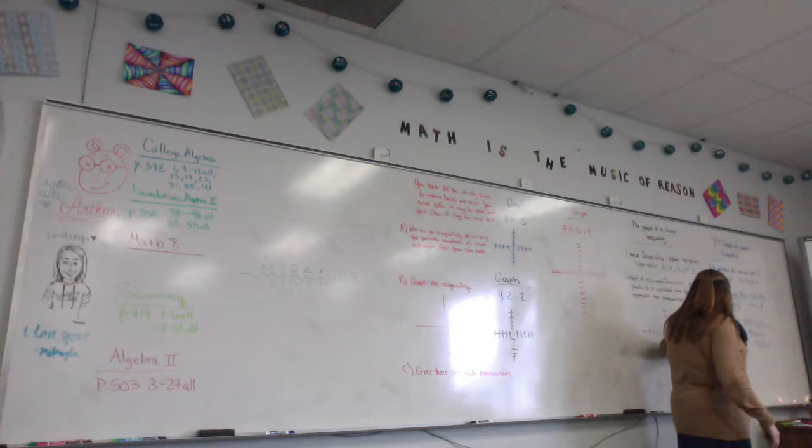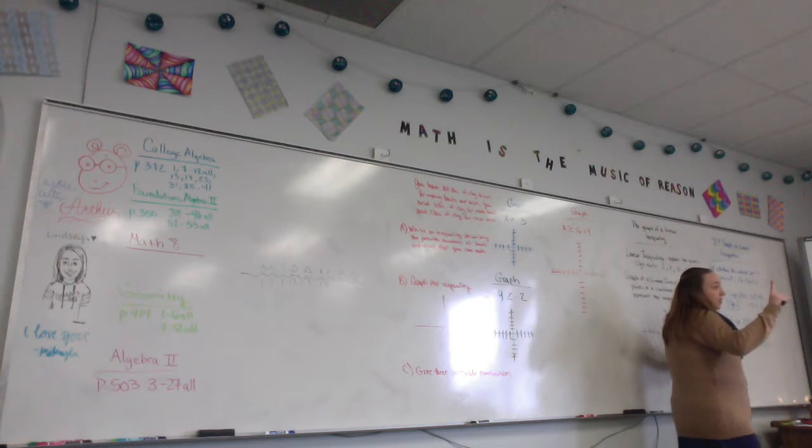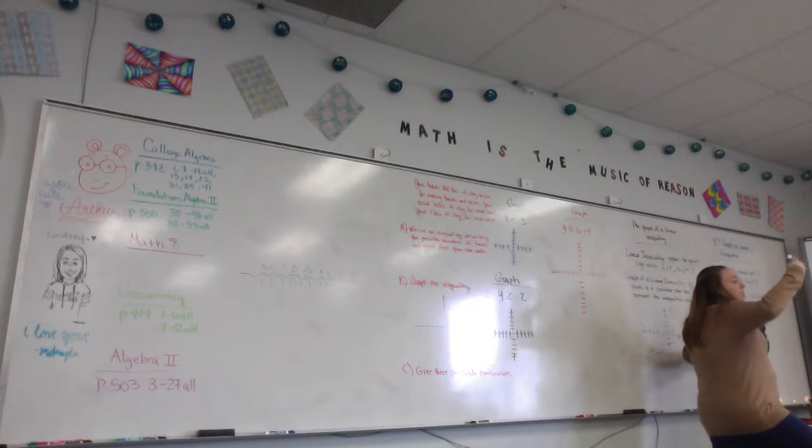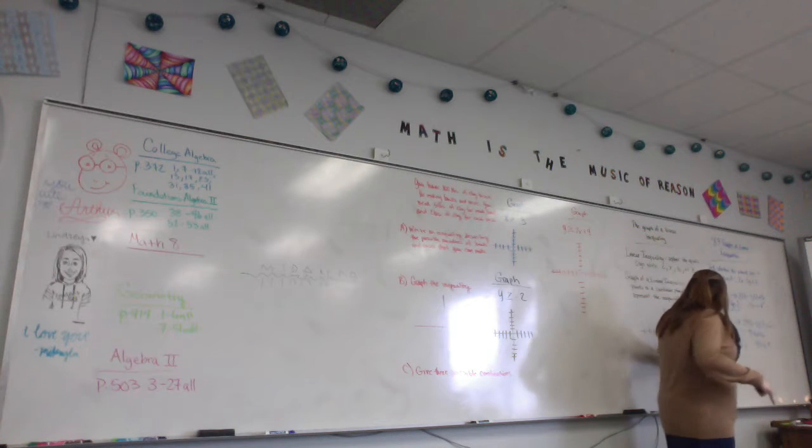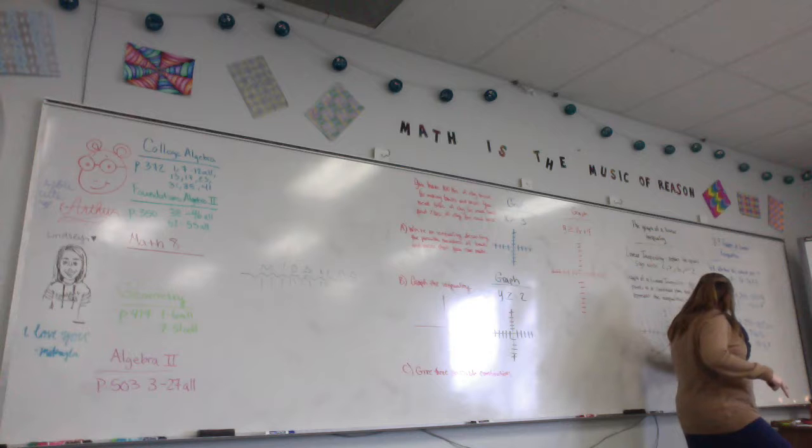I get negative 3y is less than negative 2x plus 6. You divide by negative 3. Now, that means you have to flip the sign. So I get y is greater than 2 over 3 x minus 2, because the negatives cancel and 6 divided by negative 3 is negative 2.